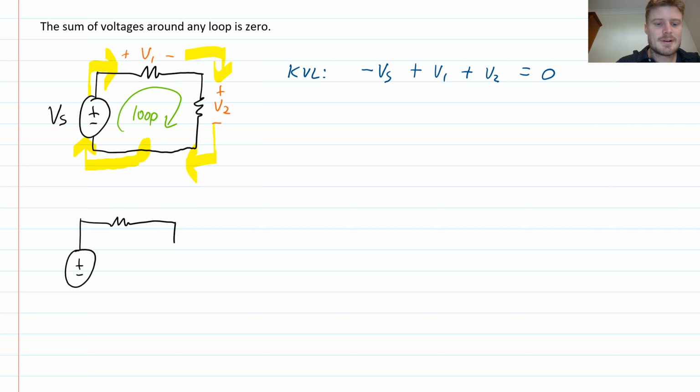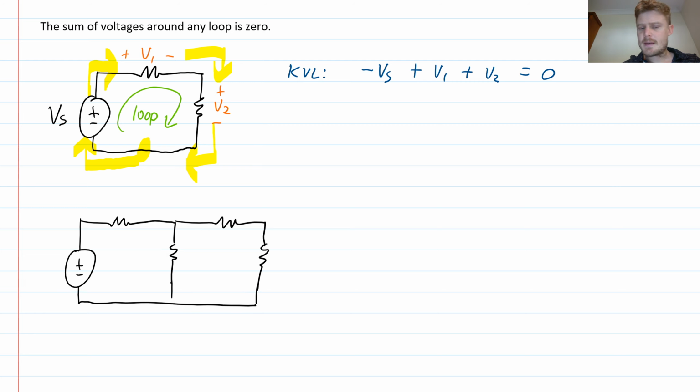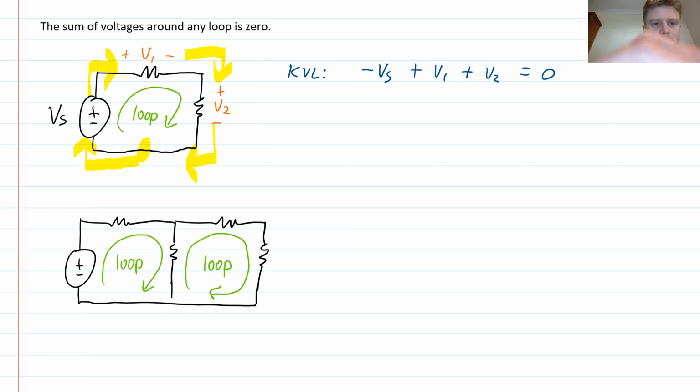So let's draw a little more complicated circuit. So suppose I have a diagram like this. Now there's 3 loops here that I can use. So I can define a loop like this. This one here is a loop. I can also go like this, and this one here is a loop.